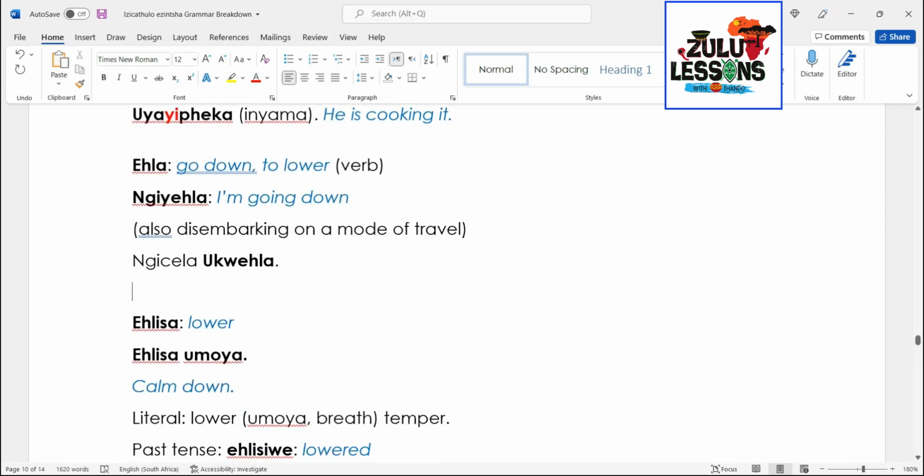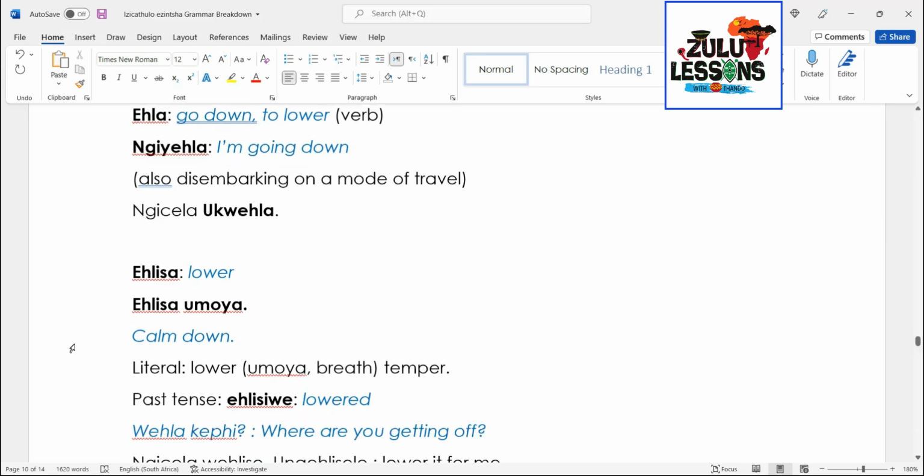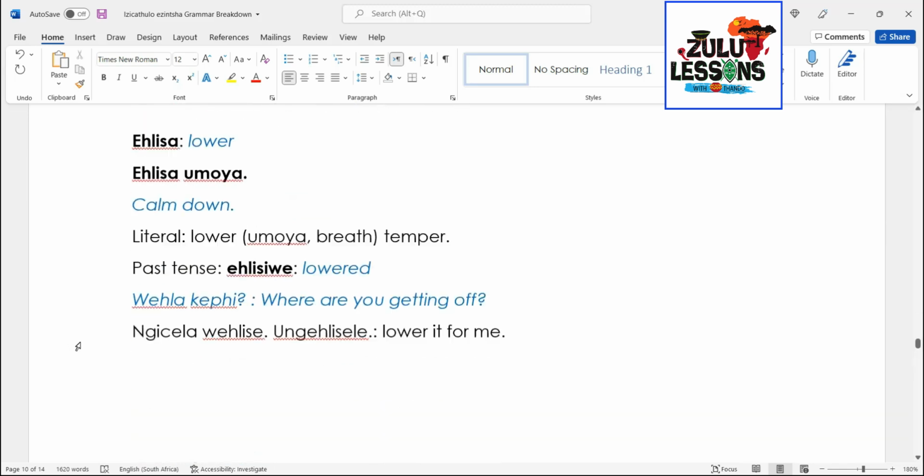And then ehlisa, that is an instruction or a command to say lower or reduce. Ehlisa umoya, come down. Umoya is, can I say energy? Like, if you're telling someone to come down as a spirit, whatever. So anyway, ehlisa umoya, so calm down.